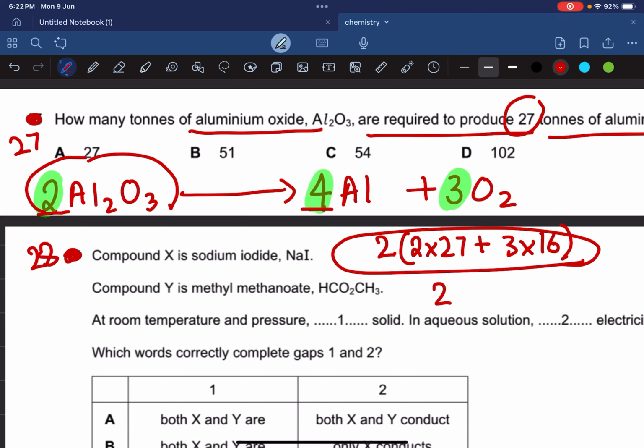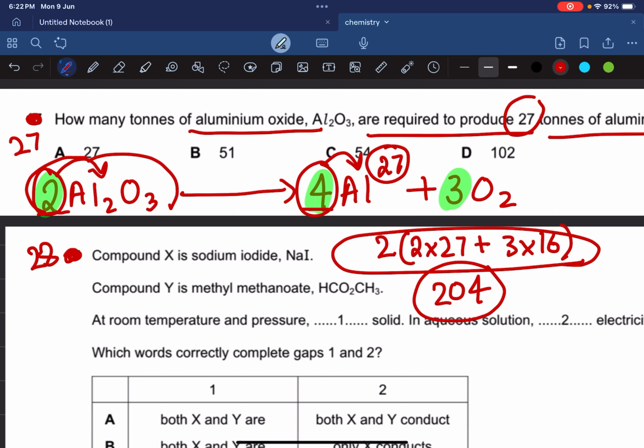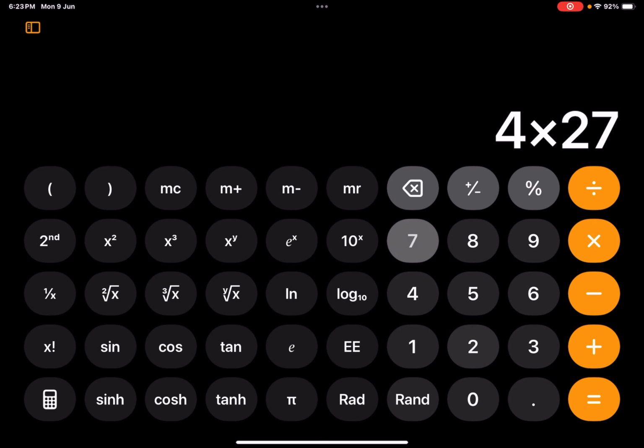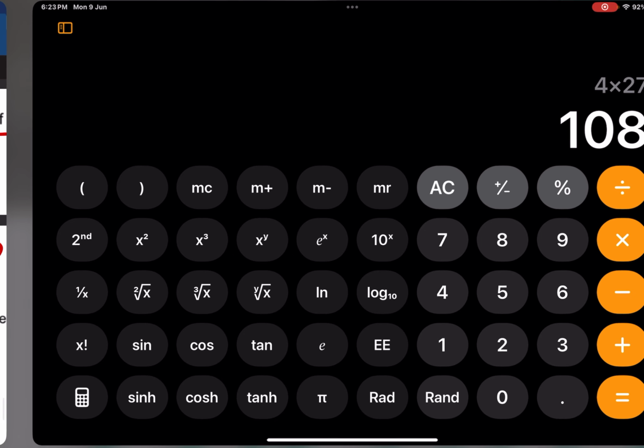So 204 is the entire mass of 2 moles of this aluminum oxide. And now I have to just do 4 times 27. What is 27? The mass number of aluminum. So 4 times 27. If you haven't created the equation for this reaction, you are already gone. That is 108.